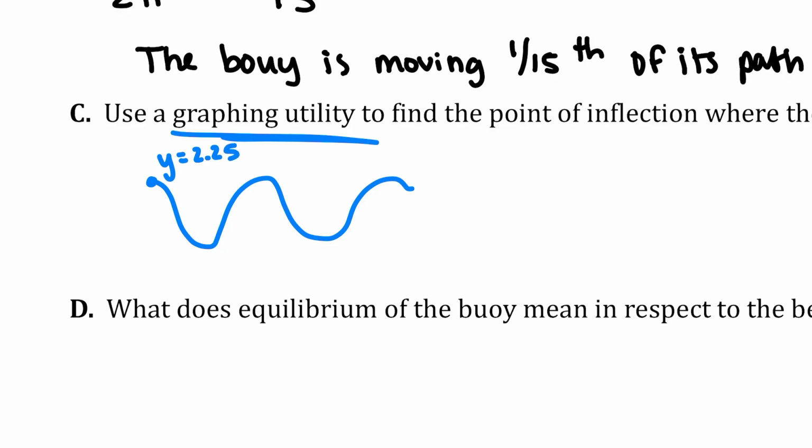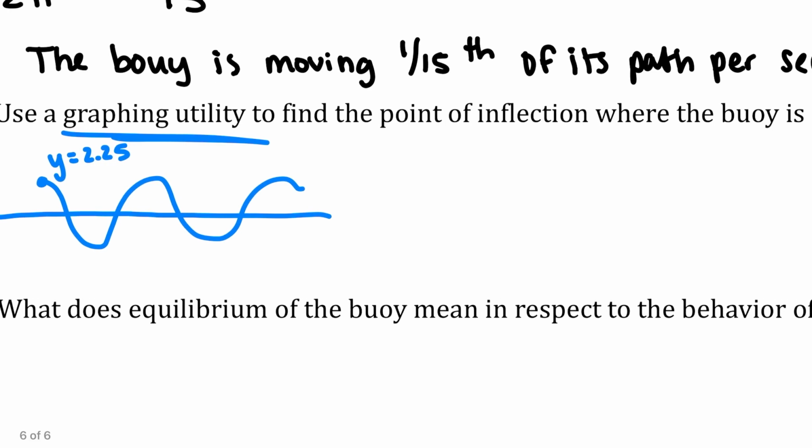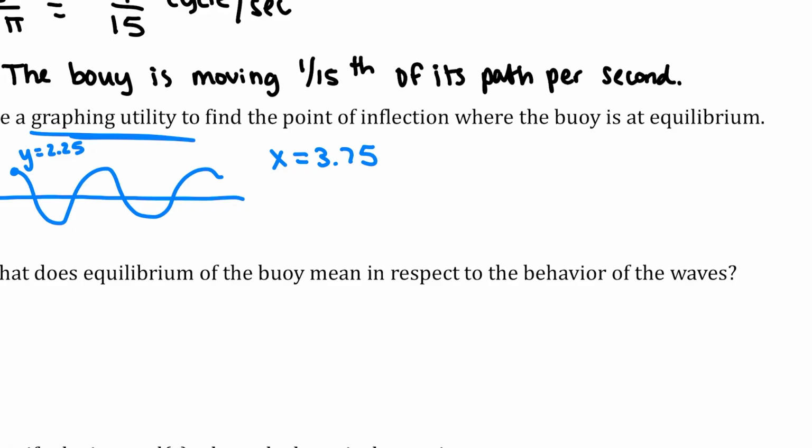All right, so at equilibrium is where it changes concavity, which is our point of inflection, which is our midpoint. So that's going to be along the x-axis. So if you move your arrow over to the right a little bit to find a 0, you're going to get an x value of 3.75. And this is 3.75 seconds.